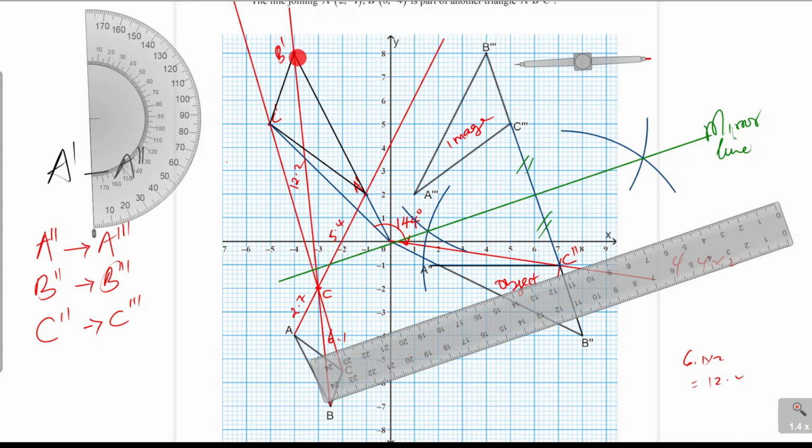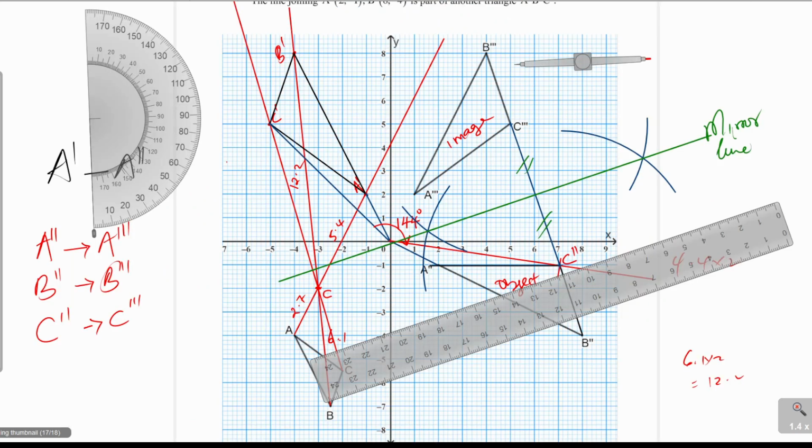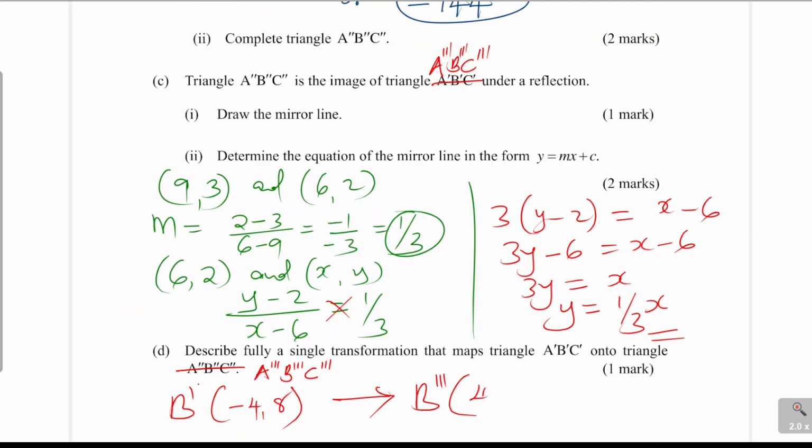Like for B prime it is -4, 8, and that one is mapped onto B triple prime, that is 4, 8.